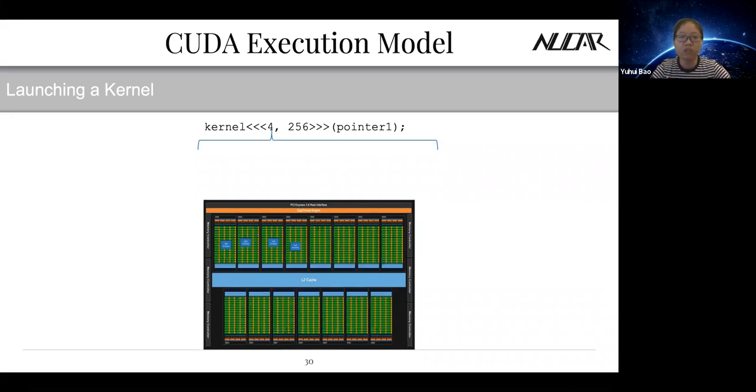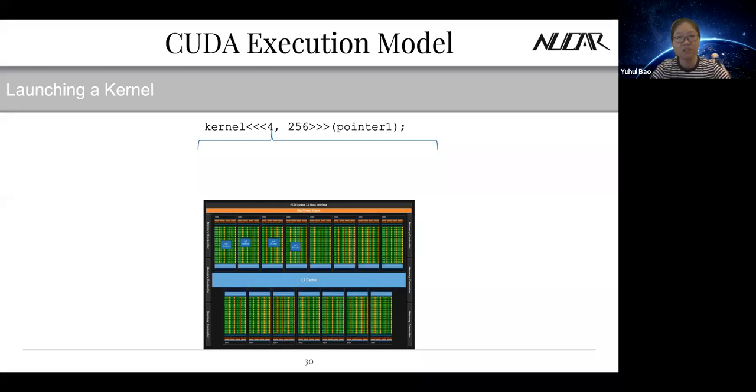Before the block is launched to a streaming multiprocessor, it has to make sure that the SM has enough resources for this block. If you have a large block, we will see in the next slides. If the block is too large, and even one streaming multiprocessor couldn't have enough resources, the whole kernel will stall.